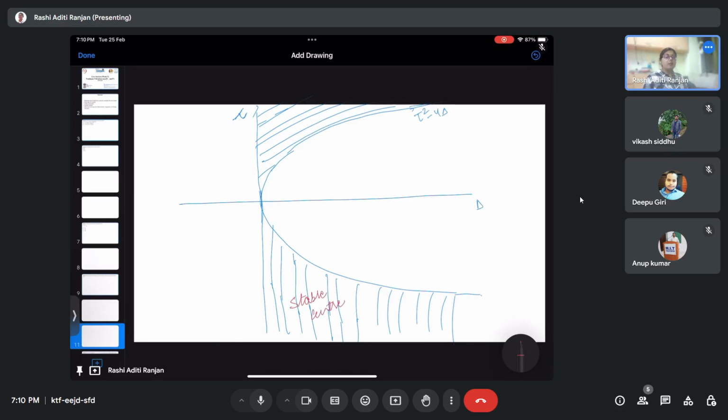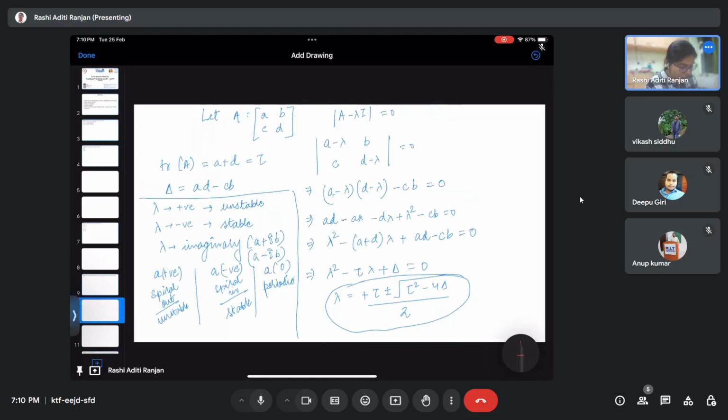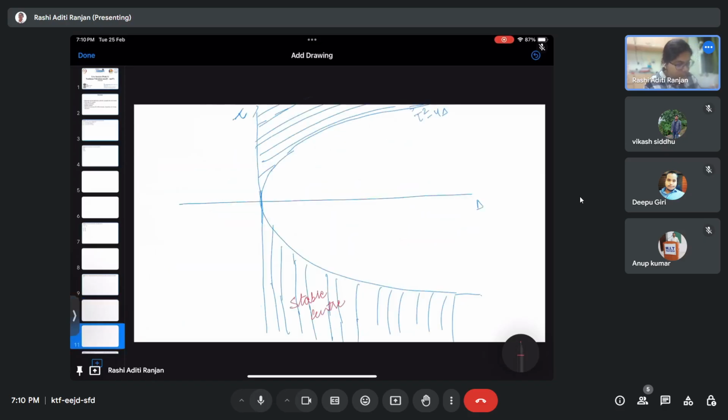While for this area, my system is going to diverge, right? It is going to diverge. If you see, it will diverge. So here I am going to get a saddle node.